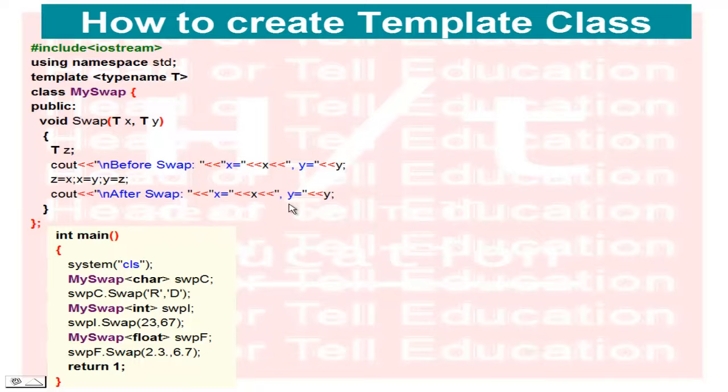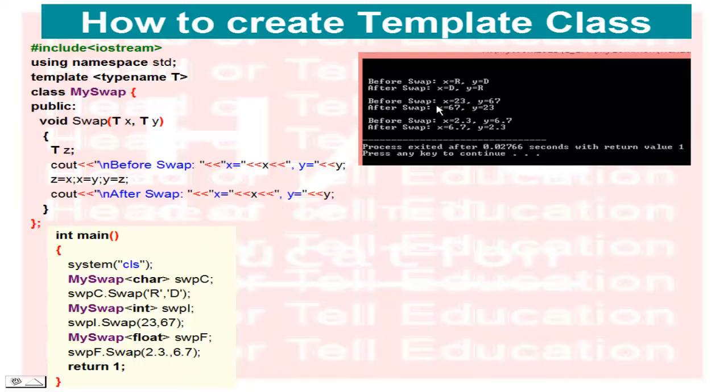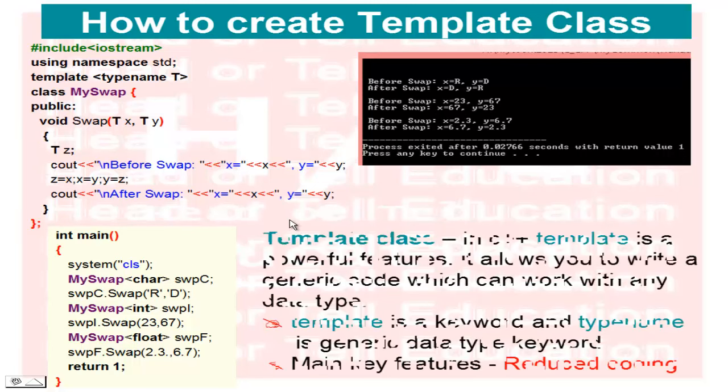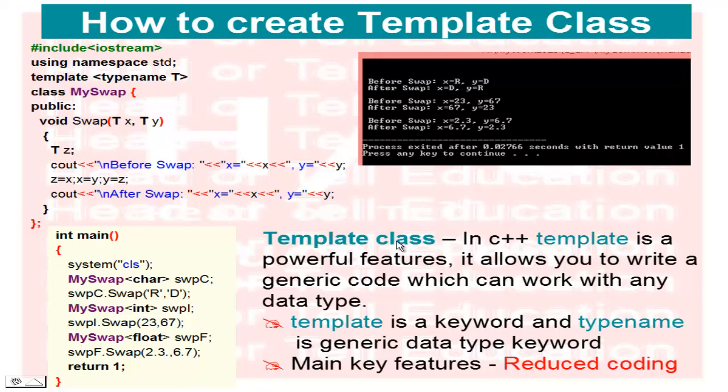Now if you run this program, you will find the values before swapping like this, and after swapping like this. So this is the output of this program. So this was the main idea of the template class, by using the template class. Now we understand what the template class is.